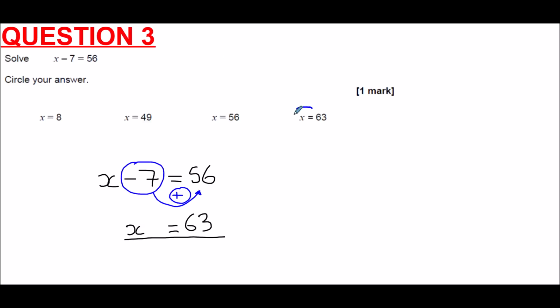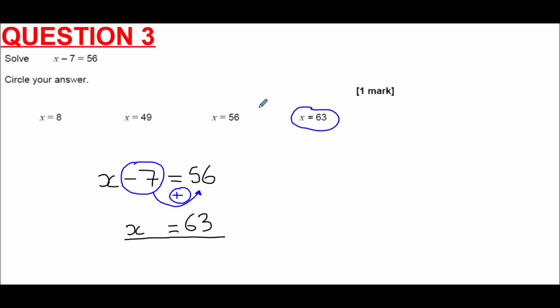Another way you could think it through would be just which number fits here to make it work. Is 8 take away 7 56? No. Is 49 take away 7 56? No. Is 56 take away 7 56? Nope.